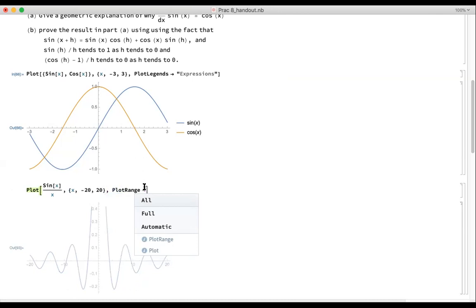Let me show you how this function behaves.